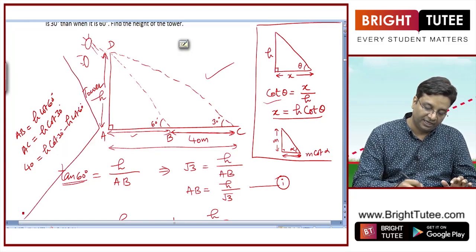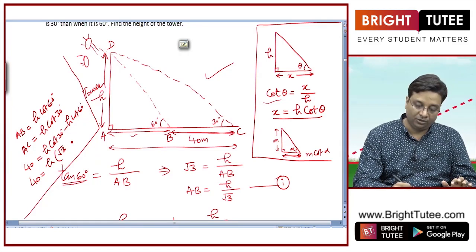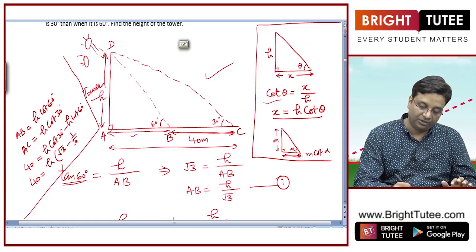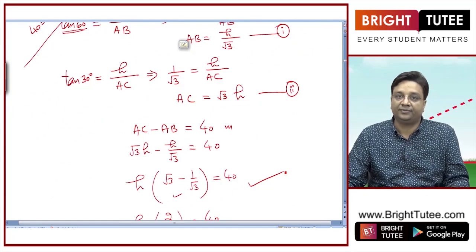So from here itself you could have taken h common. What is cot 30? Cot 30 is root 3, and what is cot 60? It is 1 by root 3. Hence you could have arrived at the same conclusion, okay?